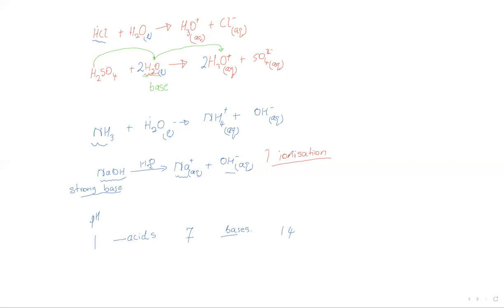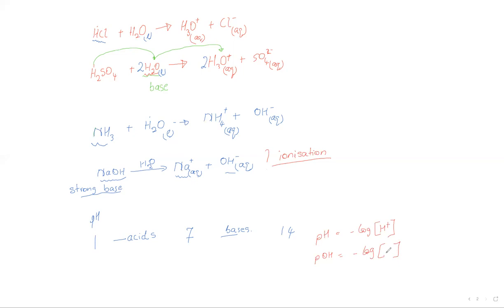Now, pH here is the negative logarithm of the concentration of a proton, while pOH is equal to the negative log of the concentration of OH.